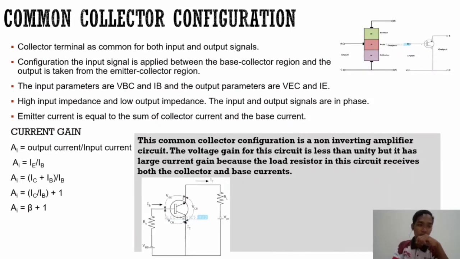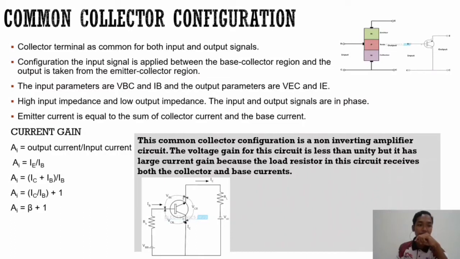Okay, for the common collector configuration, the collector terminal is common for both input and output signal. The input signal is applied between the base and collector region, and the output is taken from the emitter and collector region.